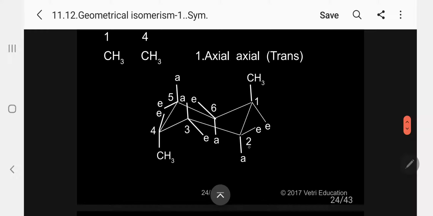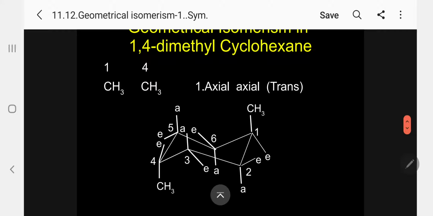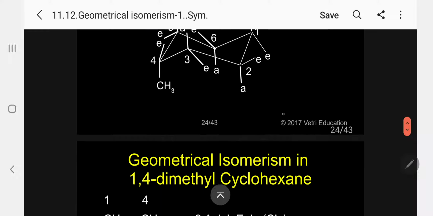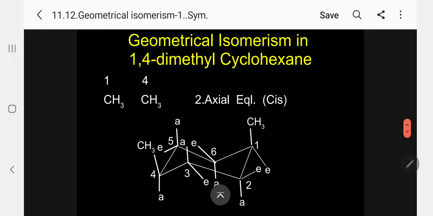Kindly follow, even numbers. So here I am saying 1,4. Kindly follow. This is 1, this is 4. Opposite, trans. Axial. Then coming here, that is 1,4 again, 1 axial and then 2 equatorial. So this is above, so cis.